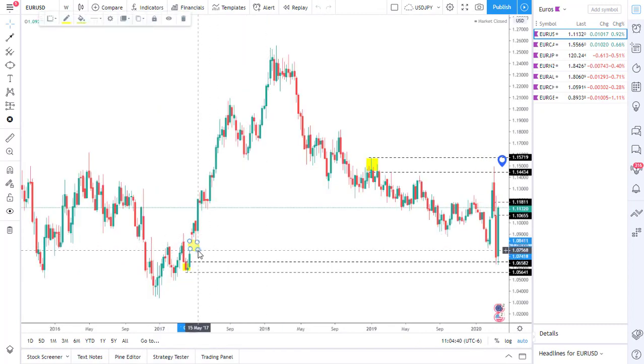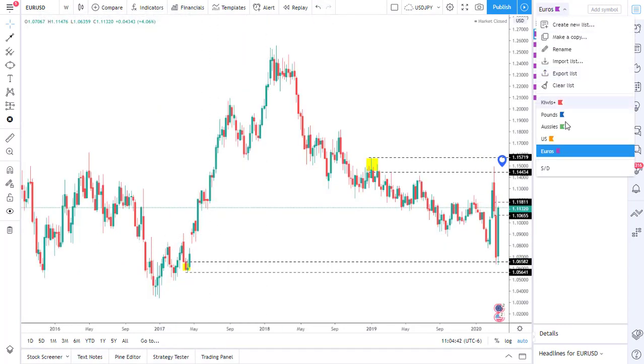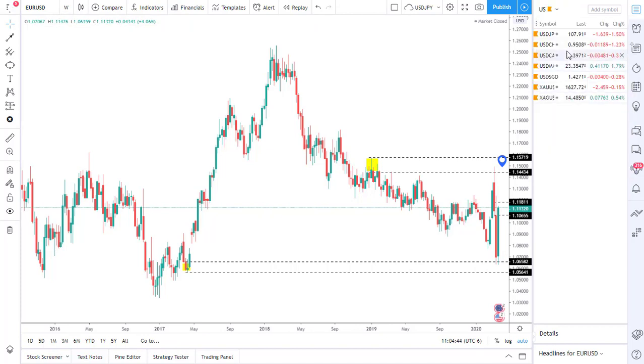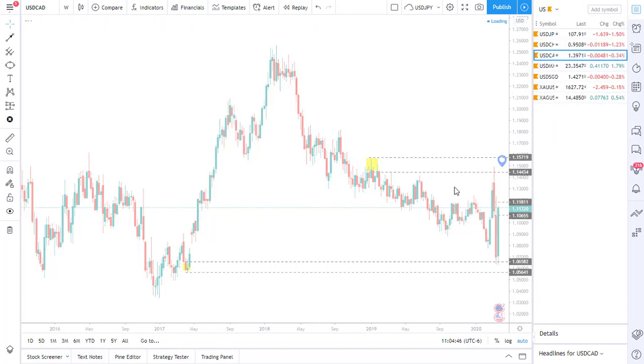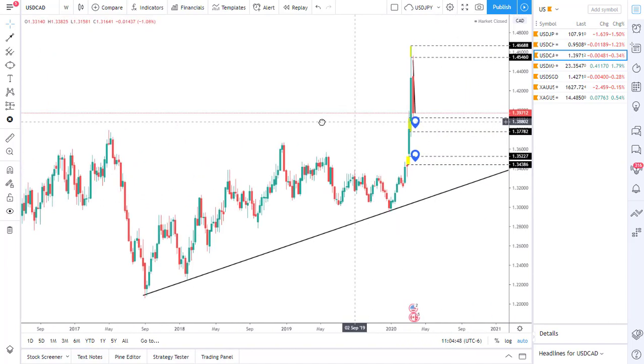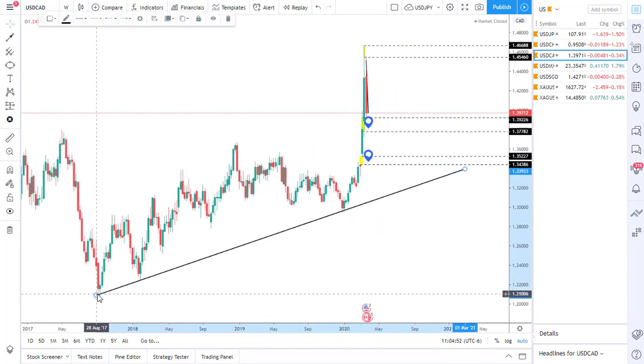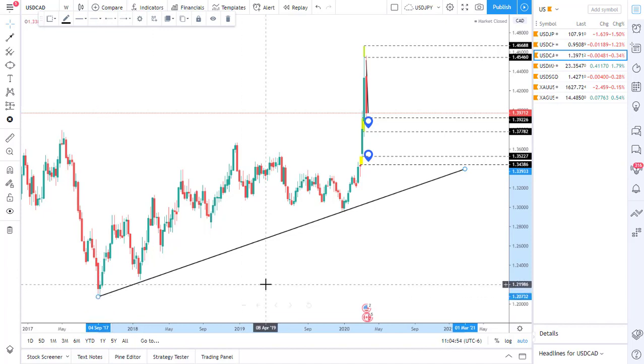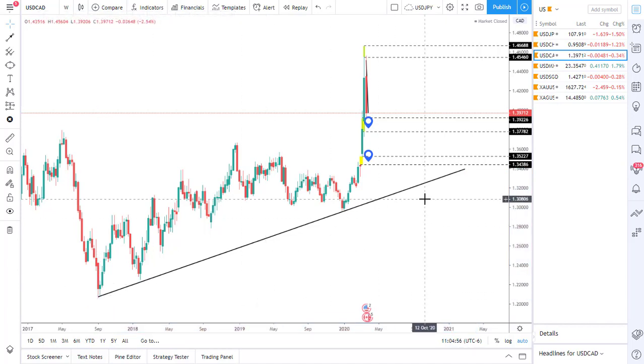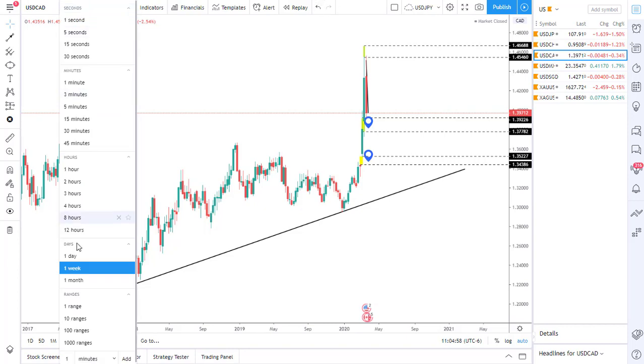So we have another level on USD CAD. Okay, right there. We have another gap level right there, going in the same direction of the monthly trend line. So let's see how it works.